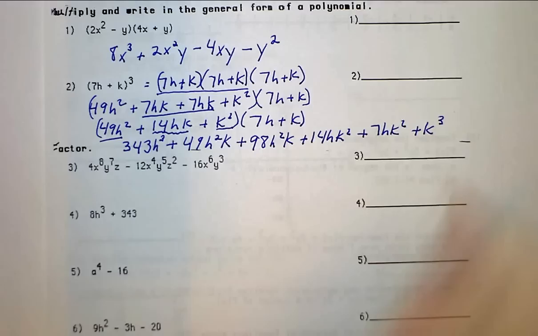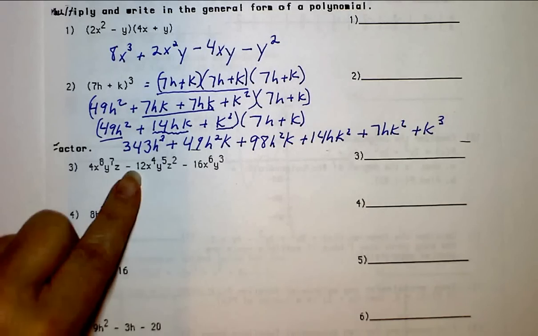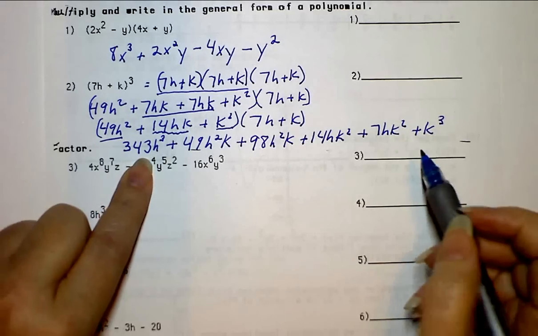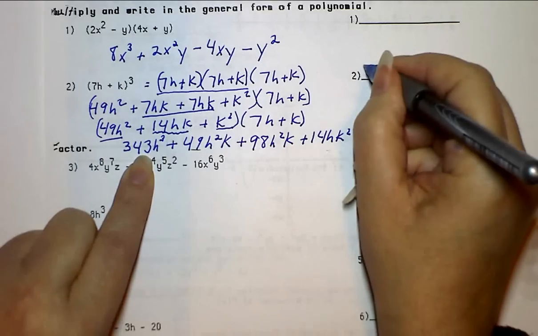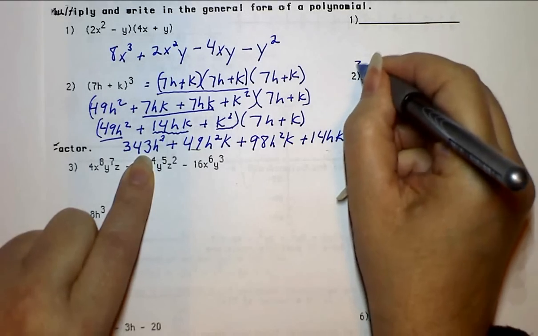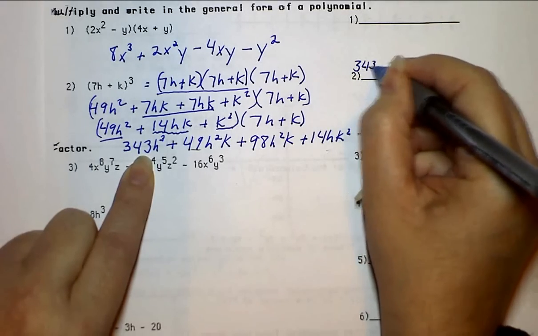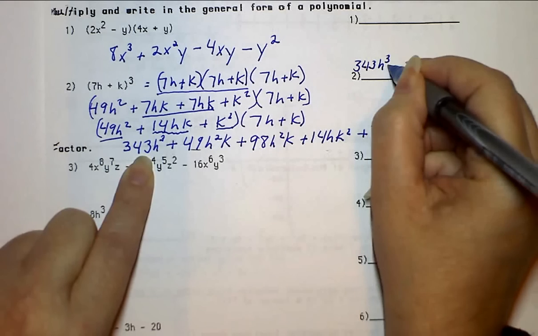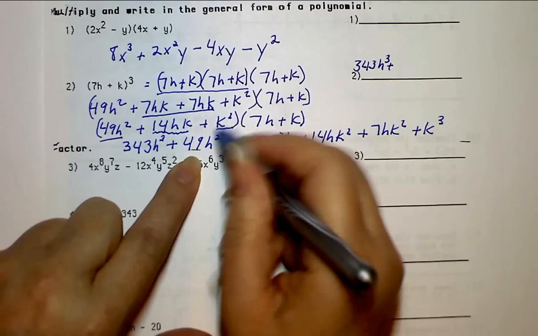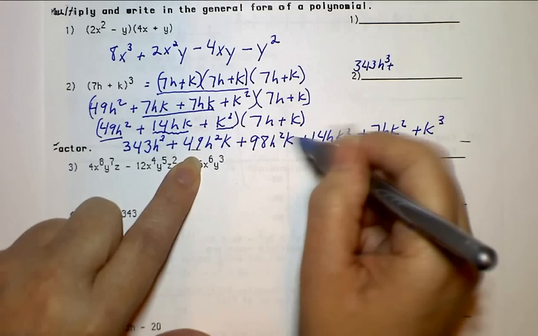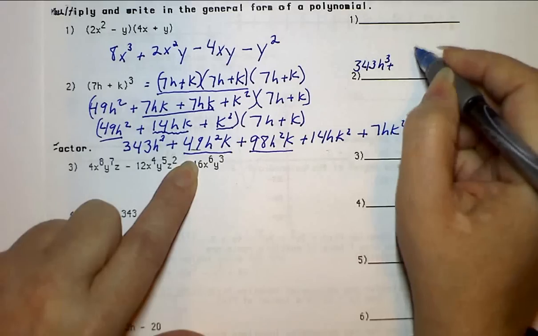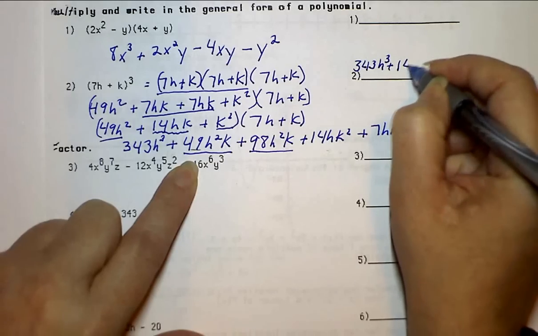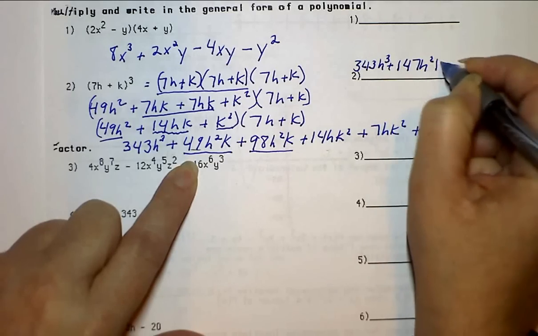Now we have to combine like terms. There's no other h cubed, so that is the one answer. So I'm going to put it up here: 343h cubed plus, I have my h squared k, so these two are like terms, 147h squared k.